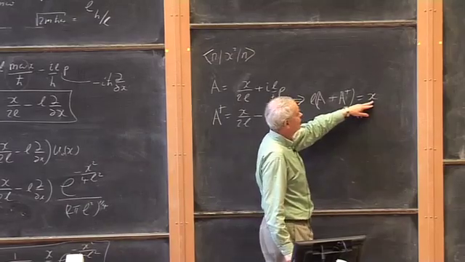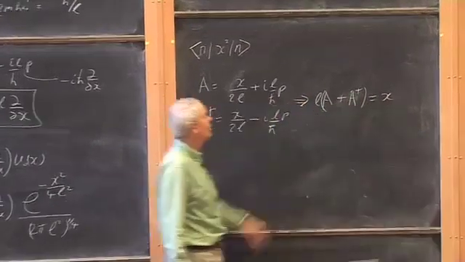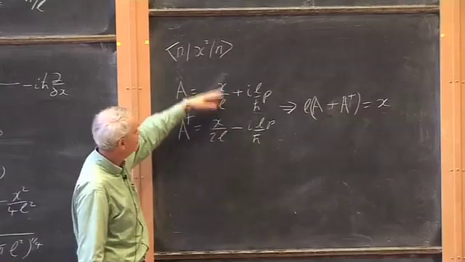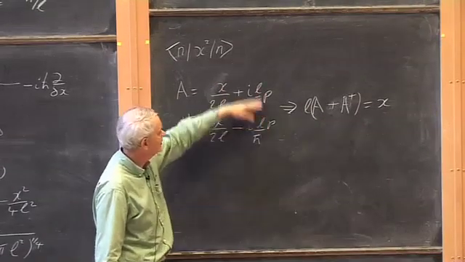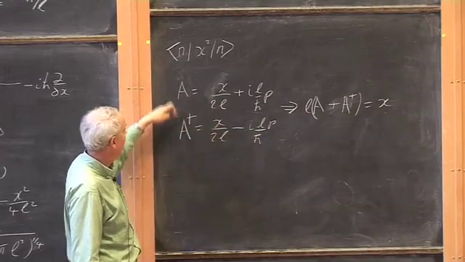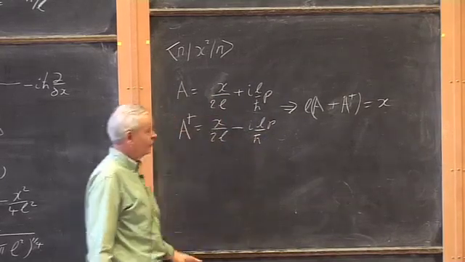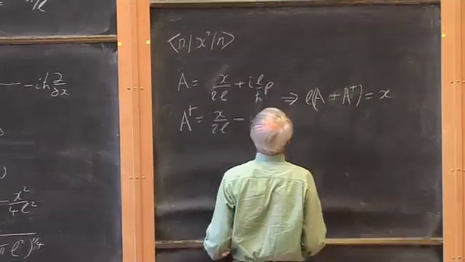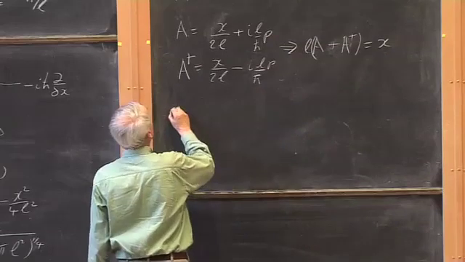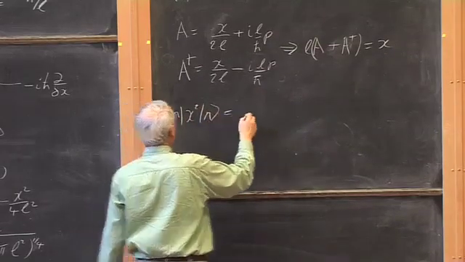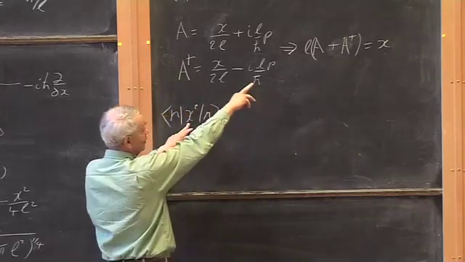This is a very handy relationship. It expresses the x operator as a sum of annihilation and creation operators times L, right? I've just added these two equations. The momenta have cancelled on each other. These have added up to give us an x over L. Here we've had A plus A dagger. I've multiplied through by L. So when I want to work out this expectation value, I can replace each of those x's with this thing here.